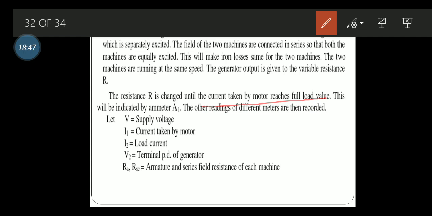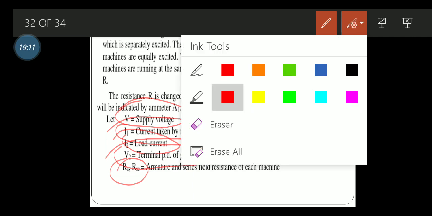The other readings of the different meters are then recorded here. V is the supply voltage, I1 is the current taken by the motor, I2 is the load current, also called the current produced by the generator, and V2 is the terminal voltage of the generator. RA and RSC are the armature and series field resistance of each machine.